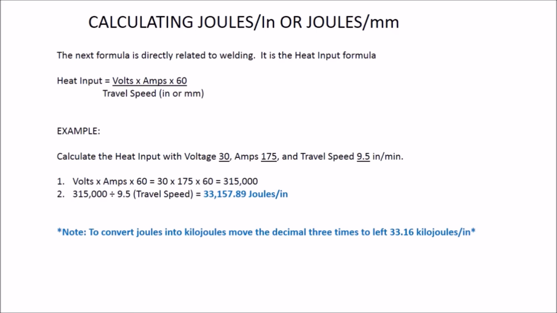Then you take 315,000 divided by 9.5 equals 33,157.89 joules per inch. It's a note below. To convert joules into kilojoules, move the decimal 3 places to the left.